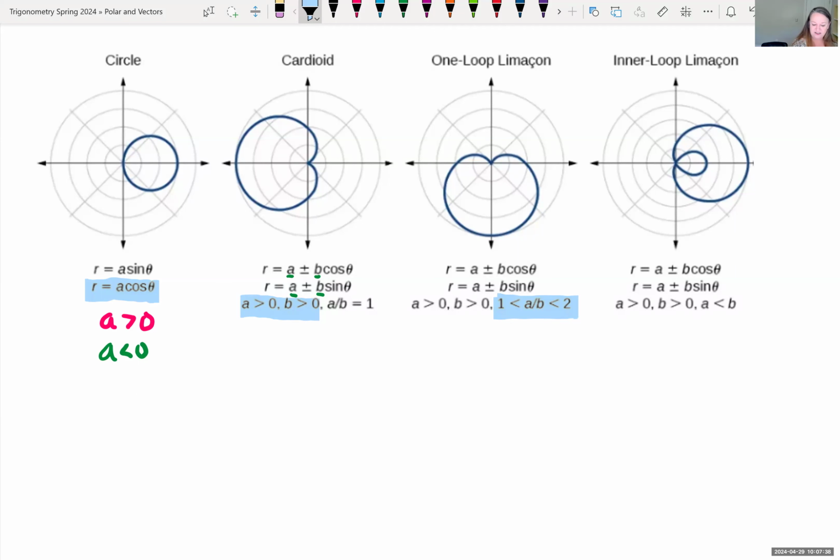And then if a plus b, where a is less than b, then we're going to have a limaçon with an inner loop. So sometimes when you have your formula and you look at these, just to give you an idea of what shape you should be getting is really helpful.